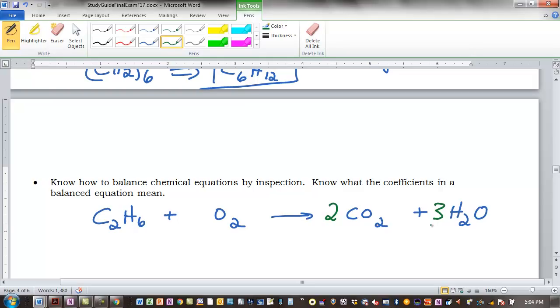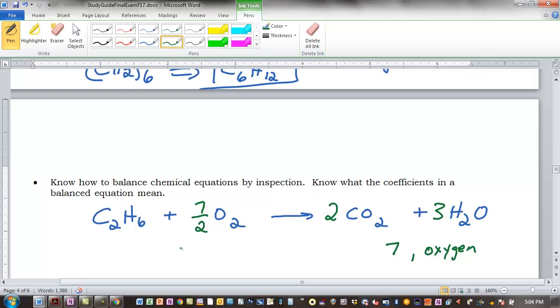Okay, so how many do we have on the right? 7. Okay, so we need to get 7 on this side. So what do we need to multiply by? 7/2.